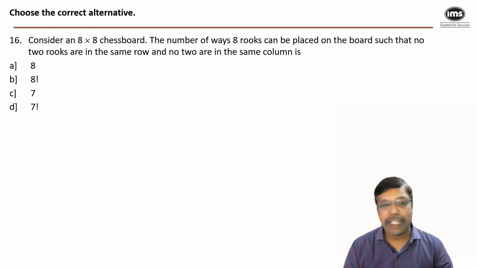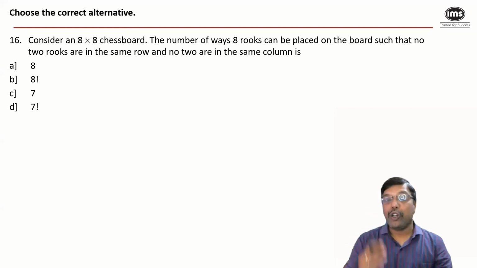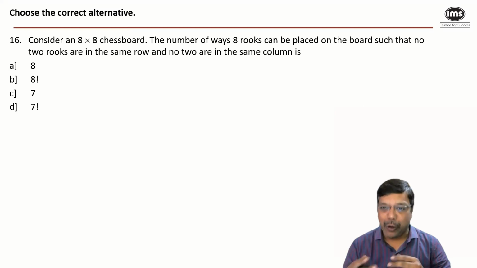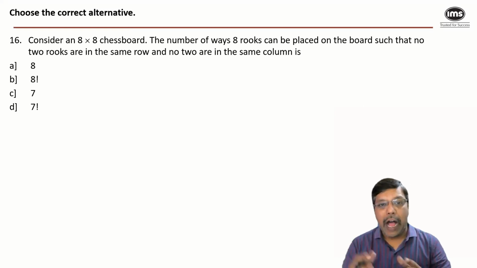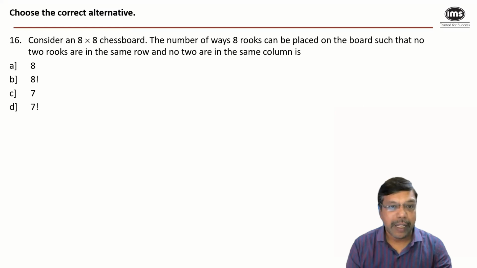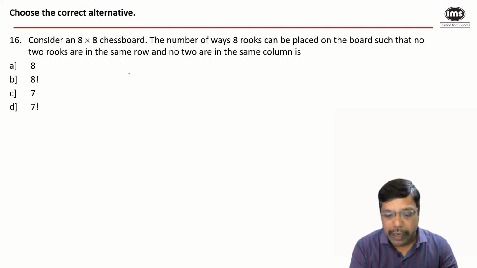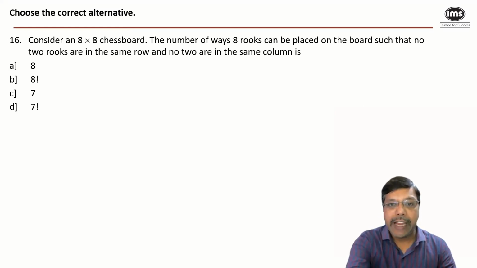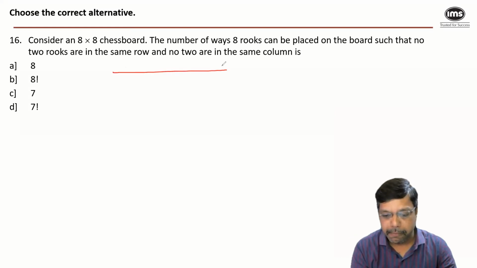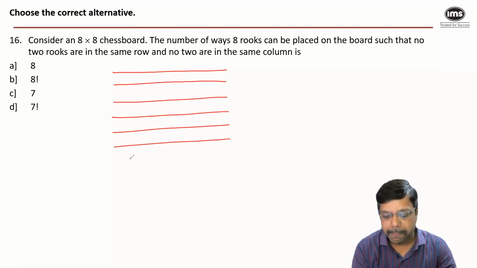There's an 8 by 8 chessboard. The number of ways 8 rooks can be placed on the board such that no 2 rooks are in the same row and no 2 are in the same column is. Meaning, now if I take a chessboard of 8 by 8, now, of course, this is only for your understanding.